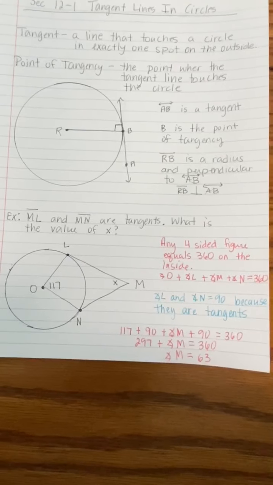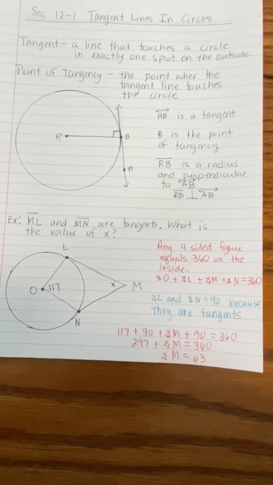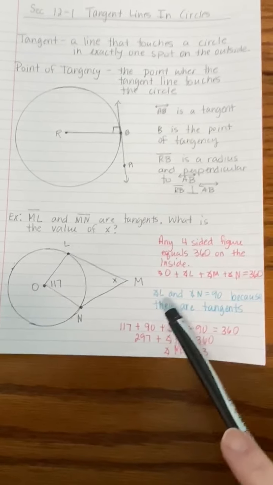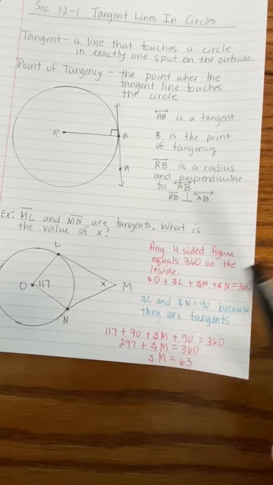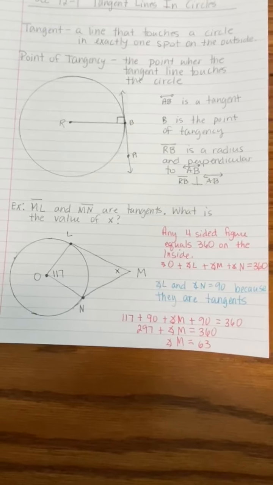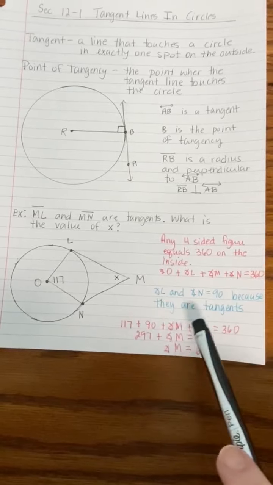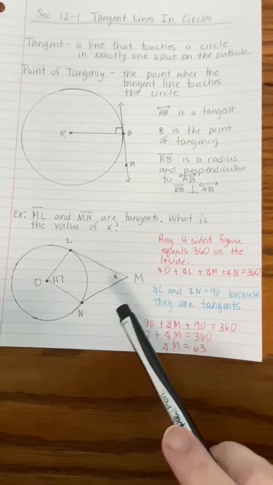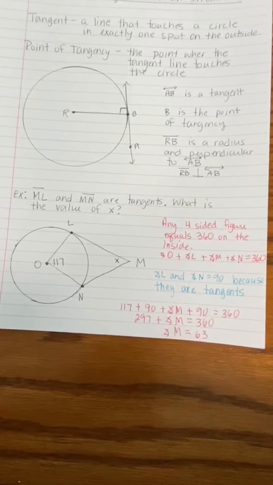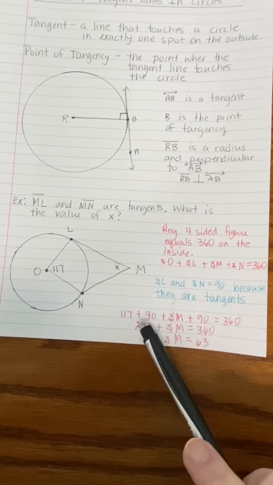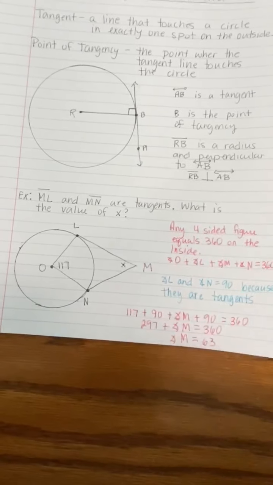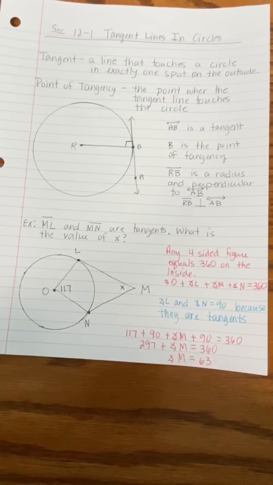So the only thing I have left to find is angle M. Since I have 3 of the 4 angle measurements, I can find the missing angle. I'm just going to add the 3 together: 117 plus 90 plus 90 gives me 297. Then I subtract 297 from 360. So angle M, which is really X in my example, is 63 degrees.